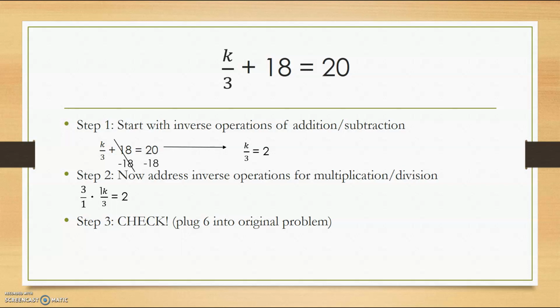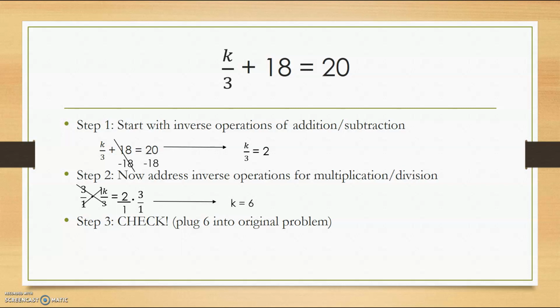That's my fraction, because if I simplified 3 times 1 and 1 times 3, I get 3 over 3, and that's just 1. So these cancel each other out, and I'm left with k. But don't forget, you need to multiply by the reciprocal on the right side as well. 2 is a whole number, which we can write as a fraction, and I get k is equal to 6.